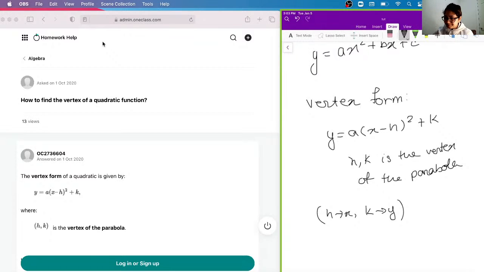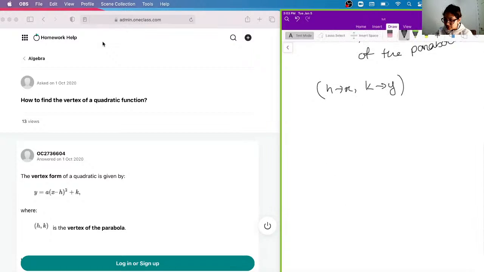There are some simple steps to follow to determine the vertex of any given parabola.